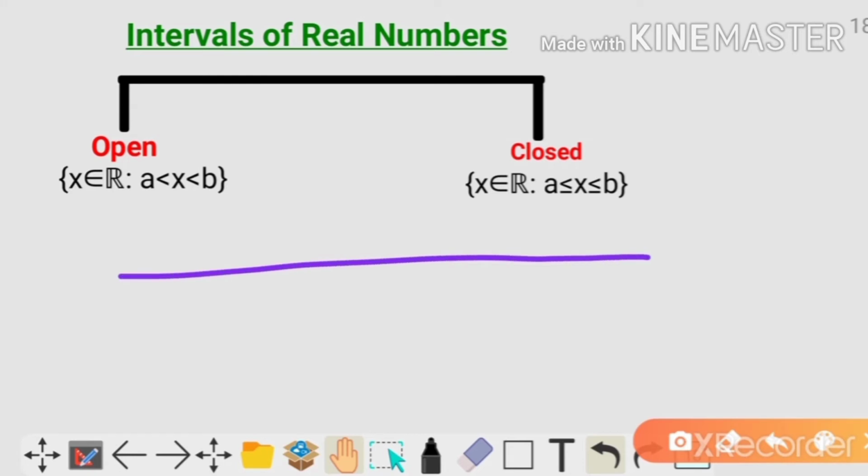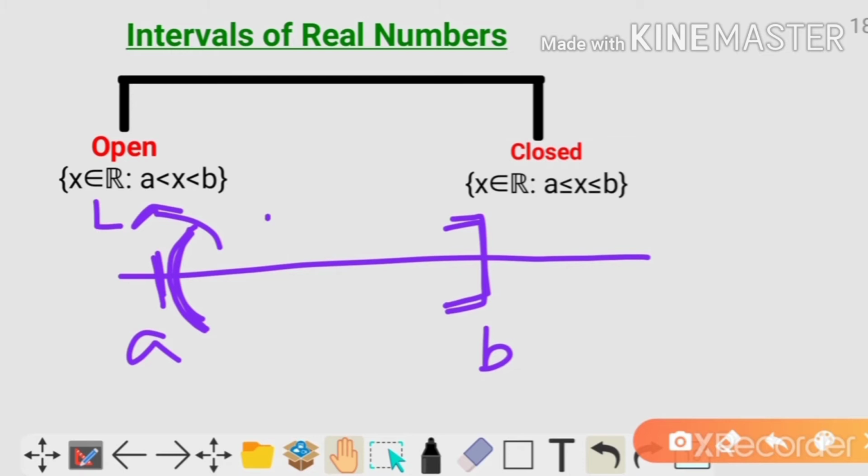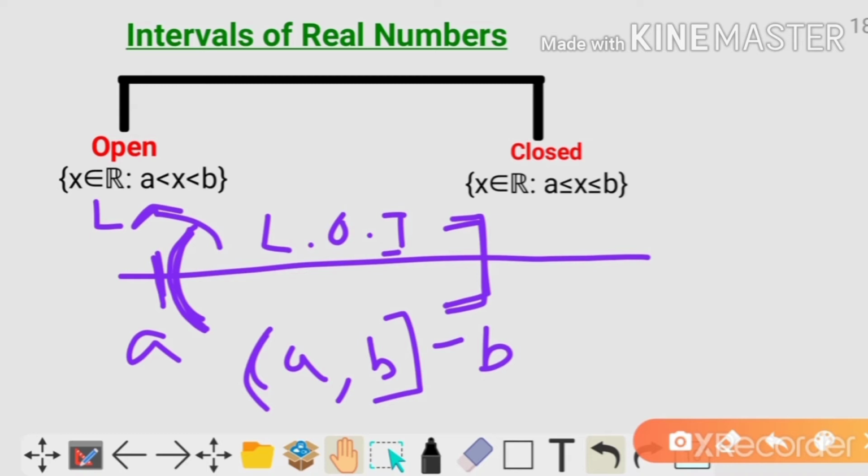If I draw this line again and take A and B and I include B in the interval but not A, here the left side is open, so it will be called the left open interval, and it's denoted by first bracket A comma B with the third bracket, because the B side is closed, so there is third bracket on this side. The left side is open, so there is first bracket on the left side. This is the left open interval.